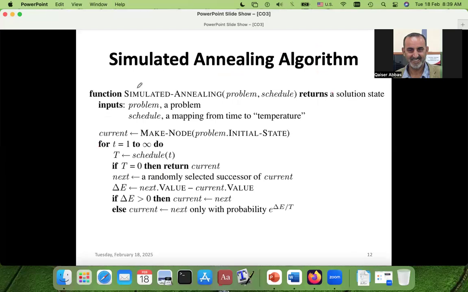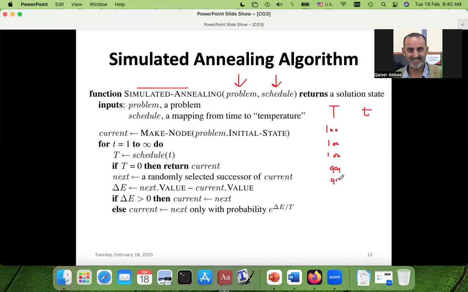So this is the algorithm. Let's start it. Simulated annealing. We are passing some problem into it, and then we are passing some schedule. Schedule is a kind of list in which you have one column for the temperature T and the other column for the time. The temperature initially can be high, so I am putting it 100, again 100, again 100. It is not necessary that you repeat this temperature three times; it is up to you, four times, five times, whatever.